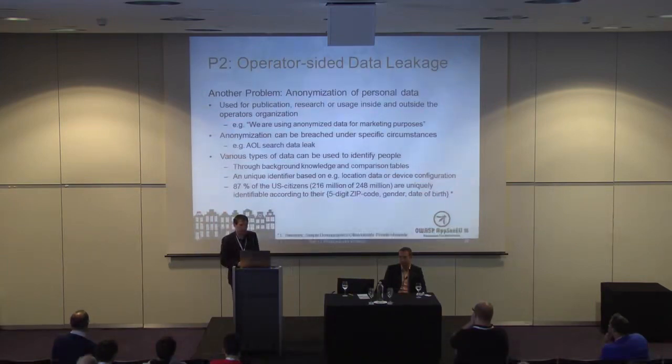Netflix once released the ratings of their customers, and they, of course, deleted the usernames of the customers, and they wanted people to try to improve the rating system of Netflix for giving you hints for which films you want to see next.